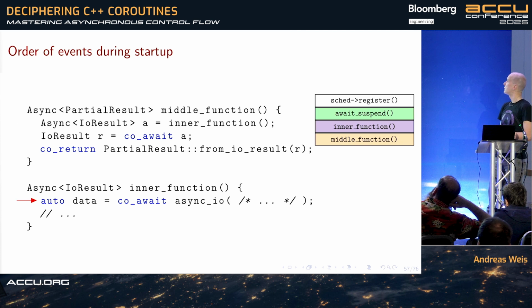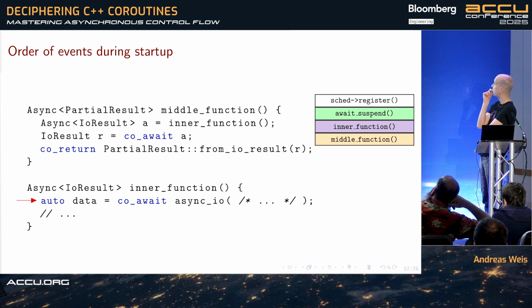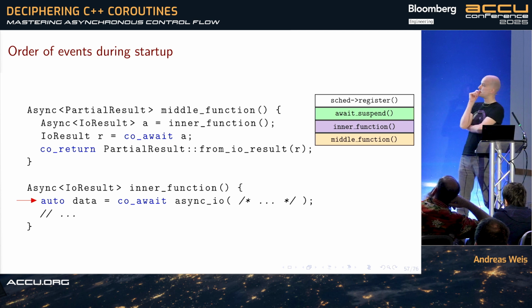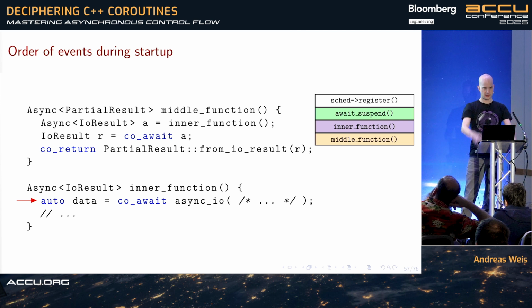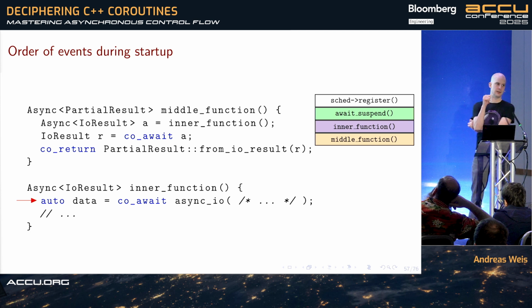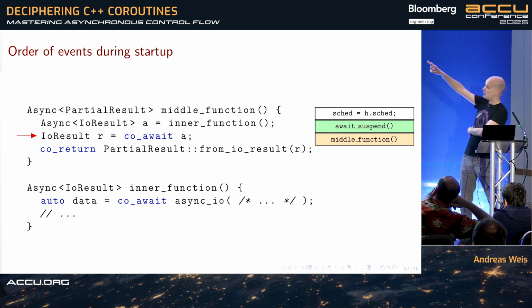So now the inner function starts executing, eventually it gets to the async I/O, and now it wants to suspend. But before it can suspend, it has to register itself that it started this I/O operation. So it needs to register itself with the scheduler, which has not been initialized yet. Because the point where the scheduler gets initialized is out here.